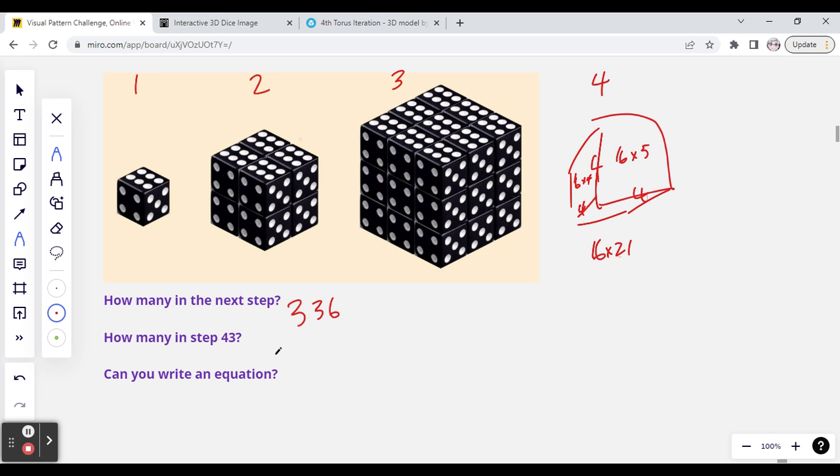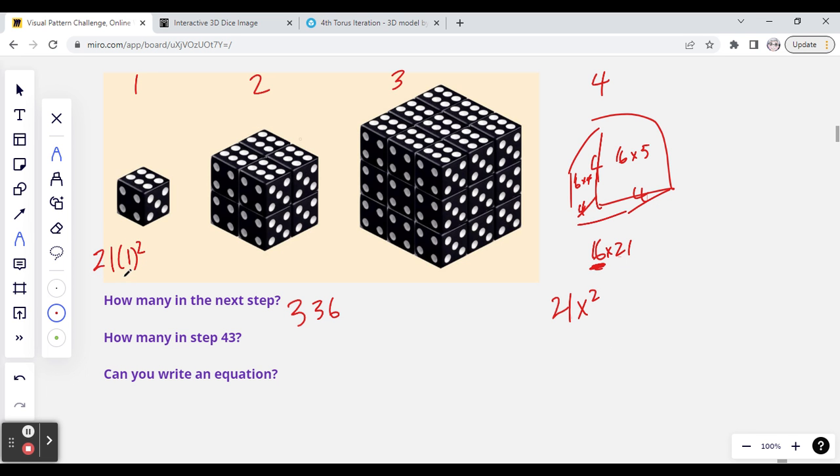What about step 43? Well, this number is just the step number squared. So another way to write what I'm doing here is 21 times the step number squared. And that should give us the sum of the numbers. Let me prove to you that this works. In step 1, that would be 21 times 1 squared.